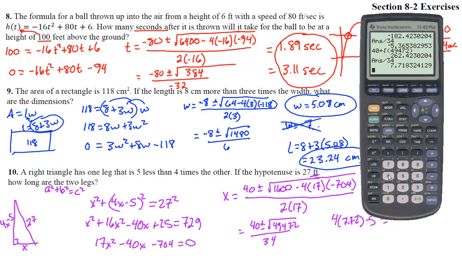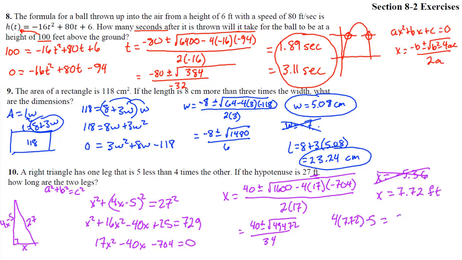So we're going to use that whole thing. 4 times the whole answer minus 5. And we end up with 25.873. So that's 25.87. And if you chose to round at an extra decimal place, that's not a problem at all. 25.87 feet. So here are the two lengths. Good.